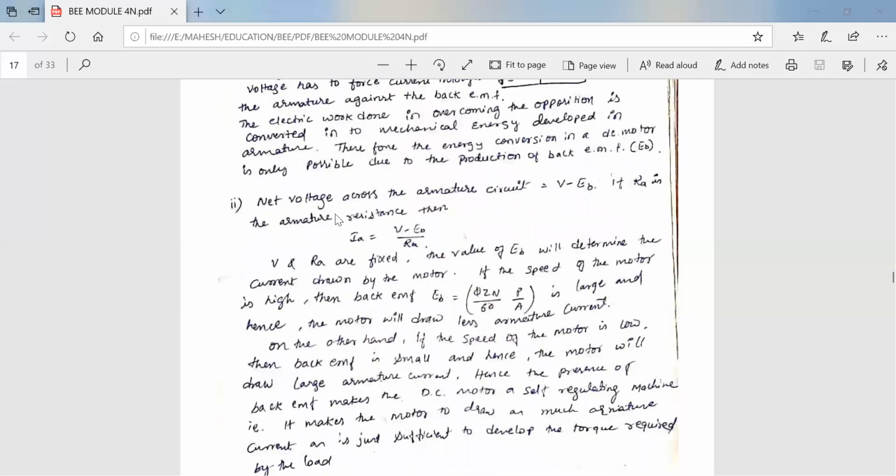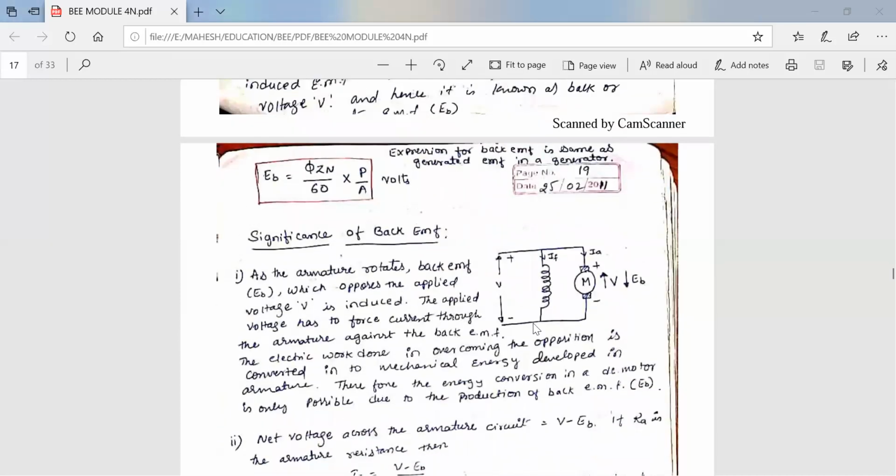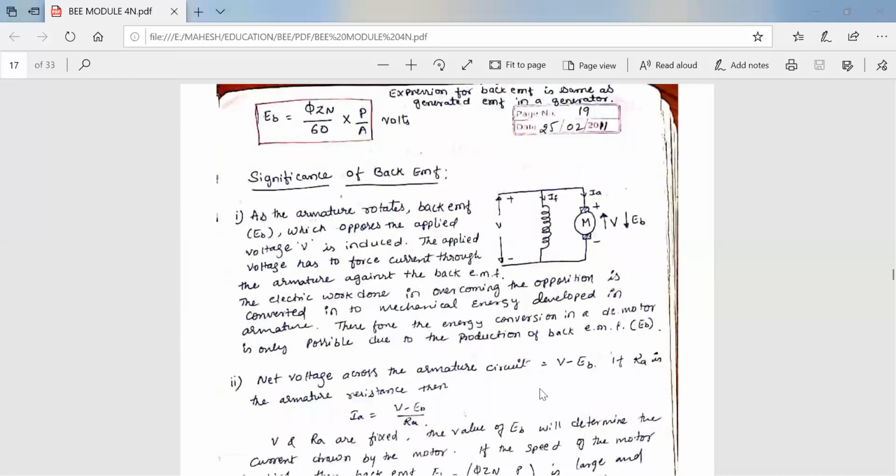The second point is the net voltage across the armature circuit. By using this circuit, you can see that it is given by V minus Eb, where V is the applied voltage and Eb is the back EMF. If Ra is the armature resistance, then the current across the armature is given by (V minus Eb) divided by Ra.